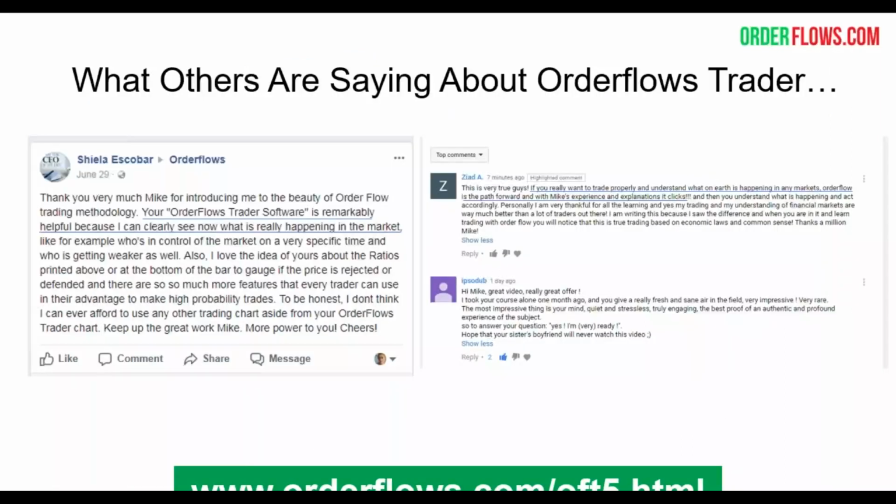So again, order flow is a special tool. I've helped a lot of traders over the years by showing them what to look for, but more importantly, giving them the tools that they need to make trading easier, right? And you can see what people are saying, the software makes it remarkably helpful because they can clearly now see what's happening in the market, right?